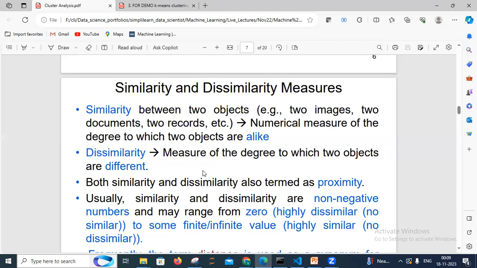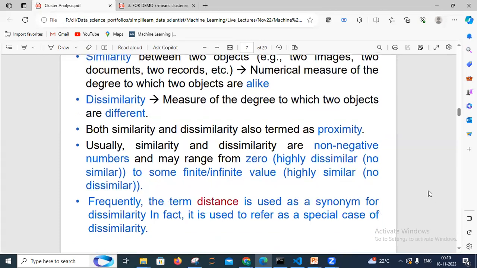And dissimilarity tells us how two objects are different. Both similarity and dissimilarity are also termed as proximity, right? Usually similarity and dissimilarity are non-negative numbers, and may range from 0, highly dissimilar, to some finite or infinite value.